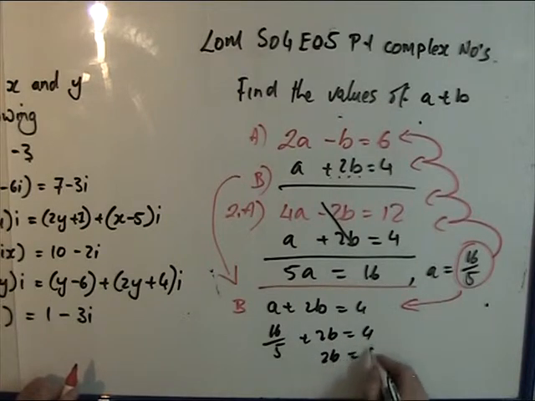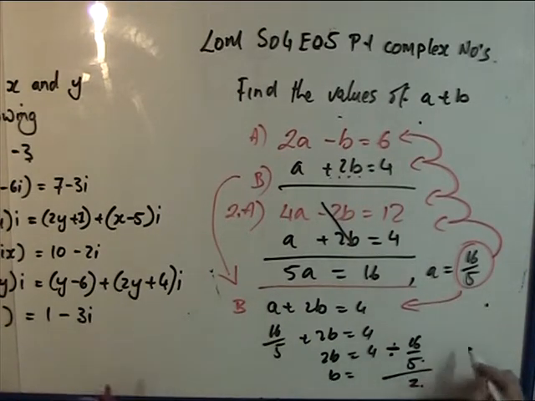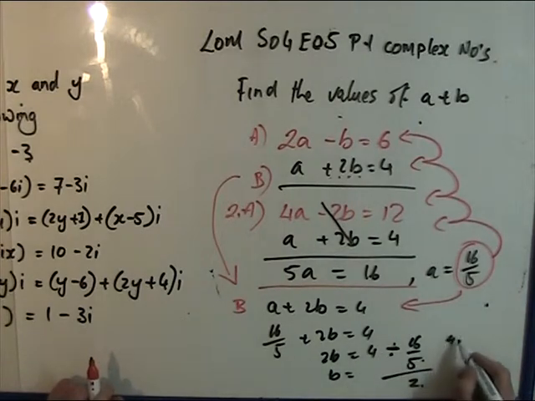2b is equal to 4, you bring it over, becomes minus 16 over 5. Then b is equal to all this over 2. Now you should be able to know how to do this. If you were to work this out, that would be 4 minus 16 over 5, get out your fraction, and then when you're finished with that, you divide everything by 2.